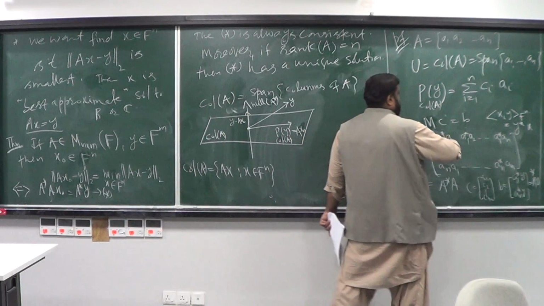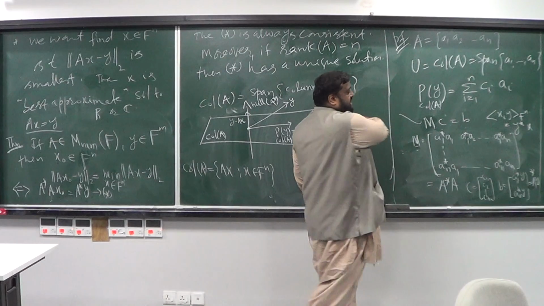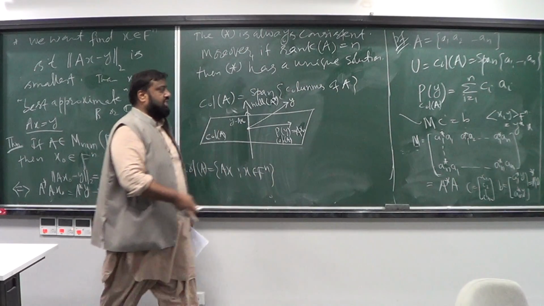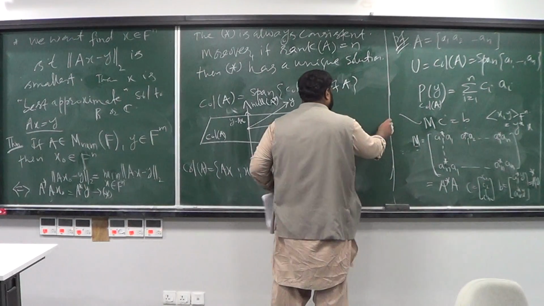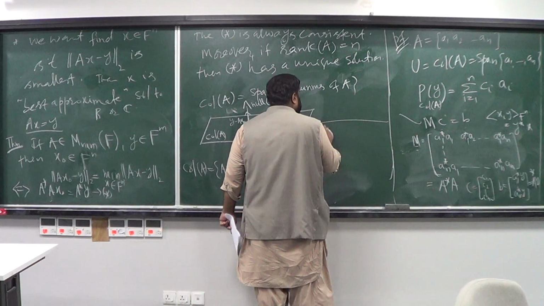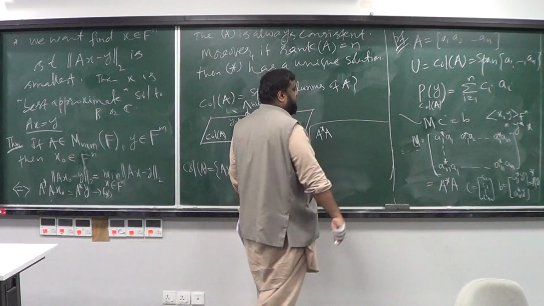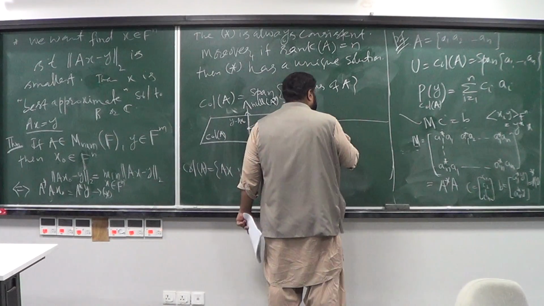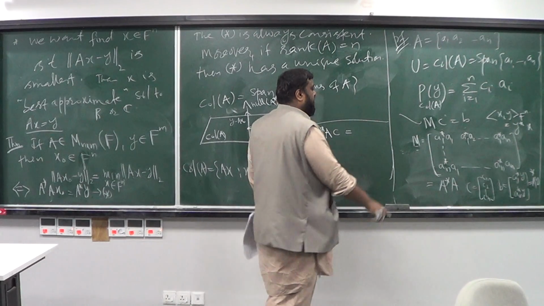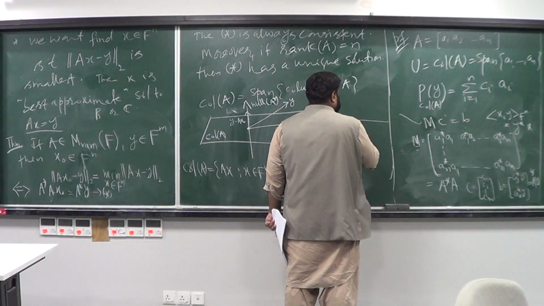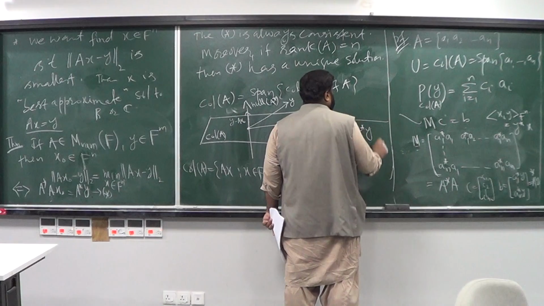By the way, this system in the previous theorem is always consistent. Therefore, this M matrix is A star A, and A star A times C equals A star y.